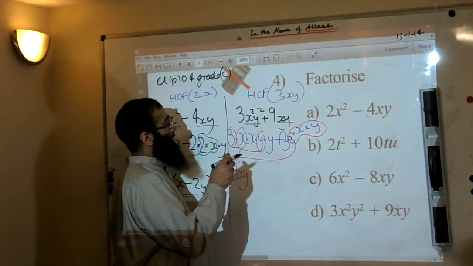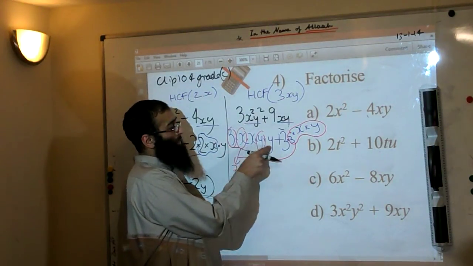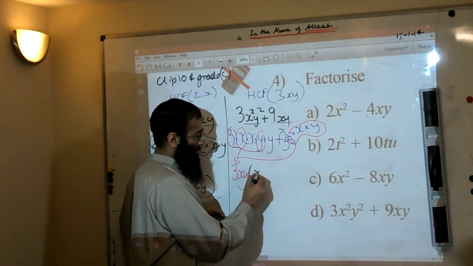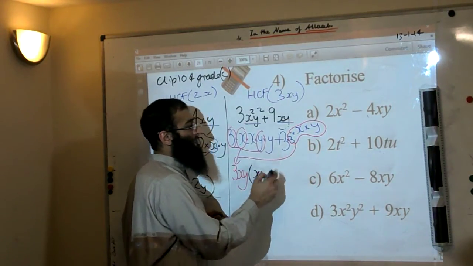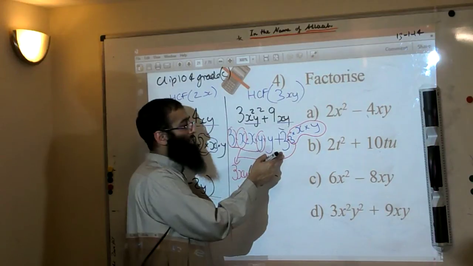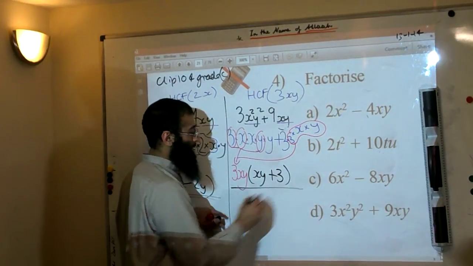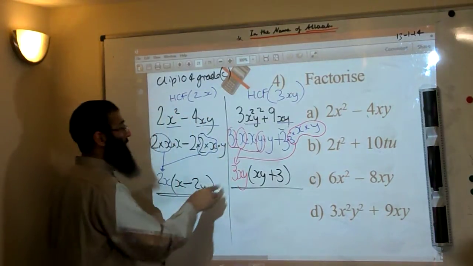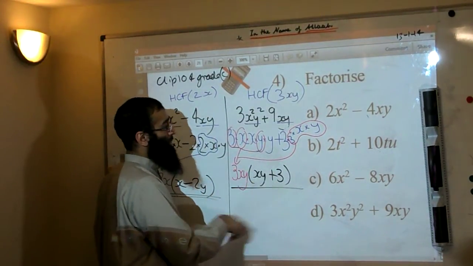When I pull out 3xy from this side, what have I got left over? I've got left over an x and a y. X times by y is xy. So put the plus back in, and the only item left on this side is just the 3. That's done. So you have 3xy outside the bracket times by xy plus 3, and that's done.